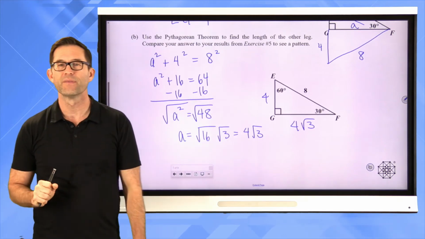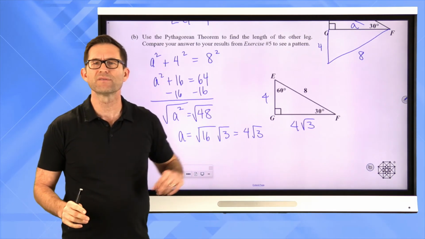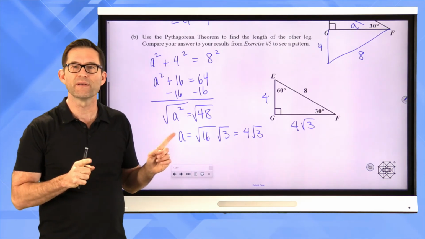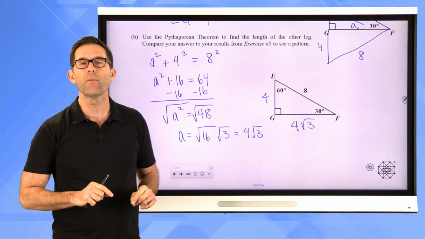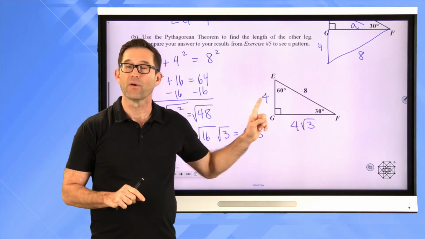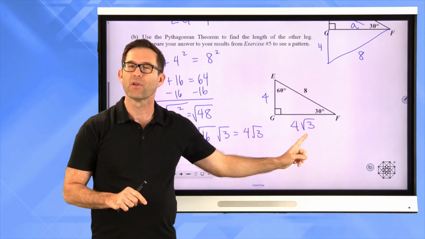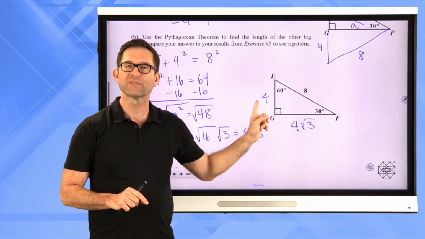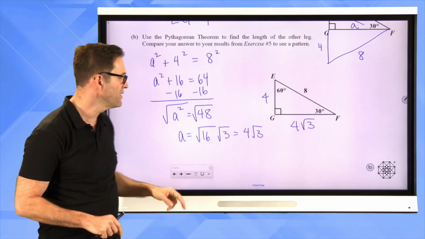All right, that's it. Now, when it says compare your answer to your results from exercise 5 to see a pattern, one thing we want to note right away. The side length that is opposite the 30-degree angle in a 30-60 right triangle is half of the hypotenuse. And the longer side appears to be the shorter side times root 3, at least in this case.